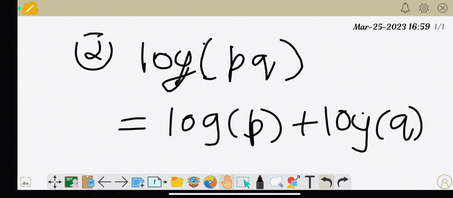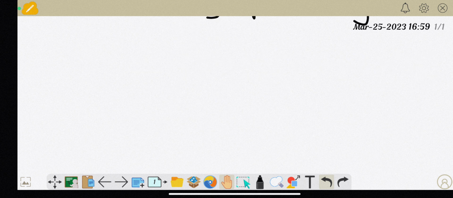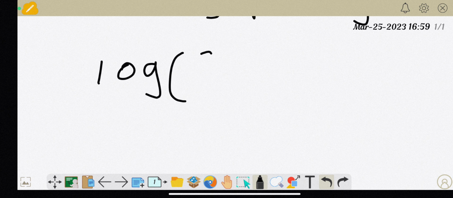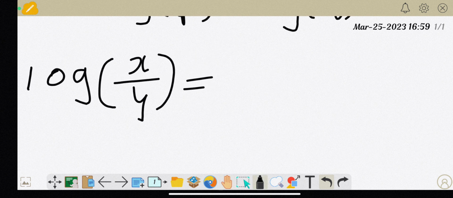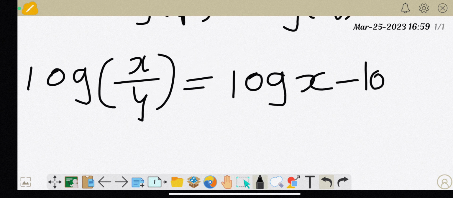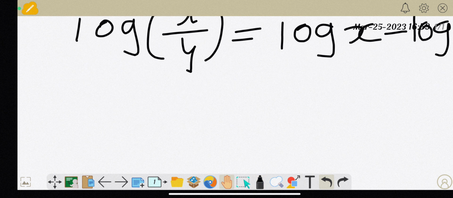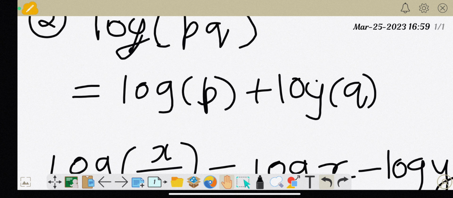This is the formula you are going to use frequently while solving derivatives. And if you have log of x by y, then this is equal to log x minus log y. Okay, so these two are very important formulas.